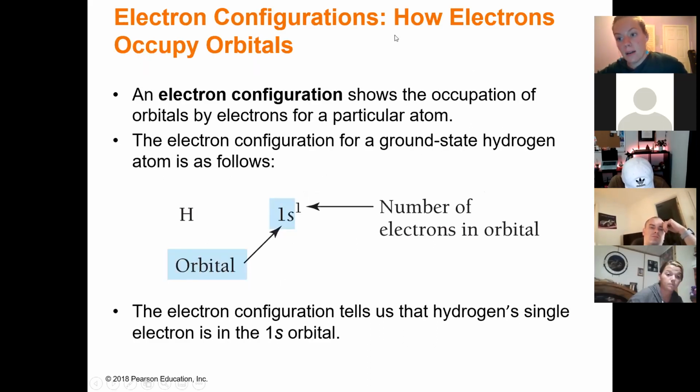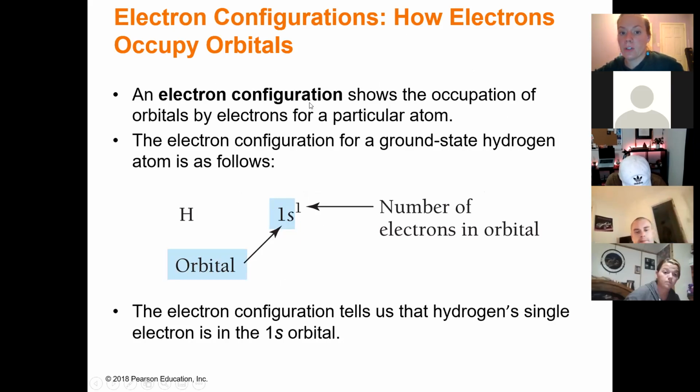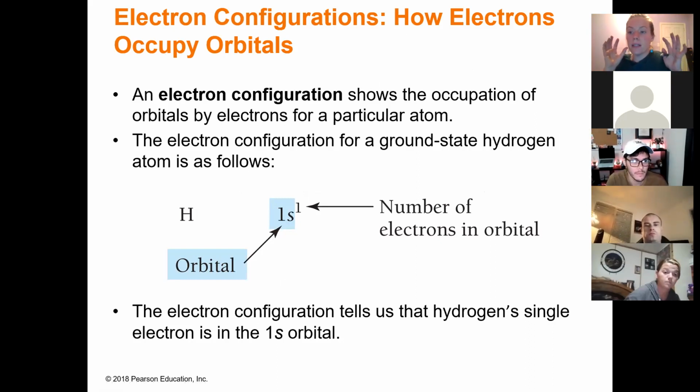So in the quantum mechanical model, we make these things called electron configurations. An electron configuration shows you, and I feel like this is going to sound scarier than it is, and once I show you the pattern, it's going to get easier. So stick with me. It shows you where the electrons are laid out within a given material.